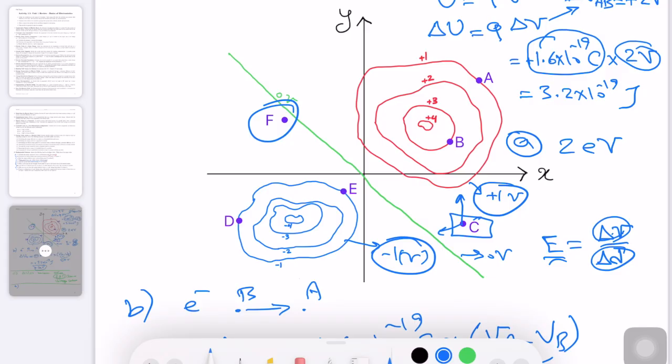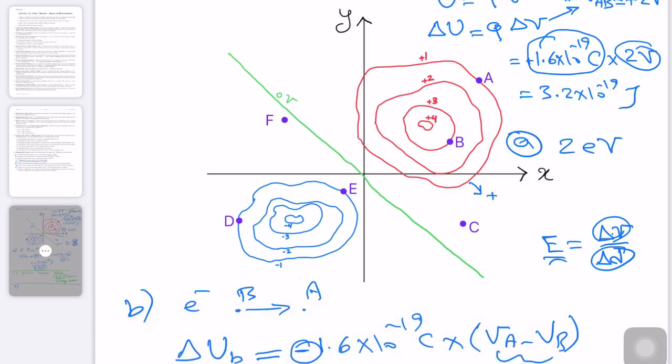You would basically answer this as point C and F have the lowest compared to everything else, because it's a bit ambiguous. You have to actually calculate it. But it's not the proximity to the contours, it's more about how compact the contours are, and you see it's pretty open in these two areas, and that's why they have the lowest electric field.